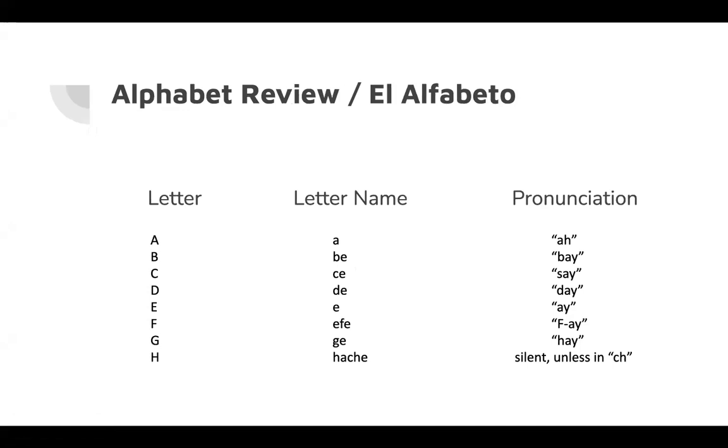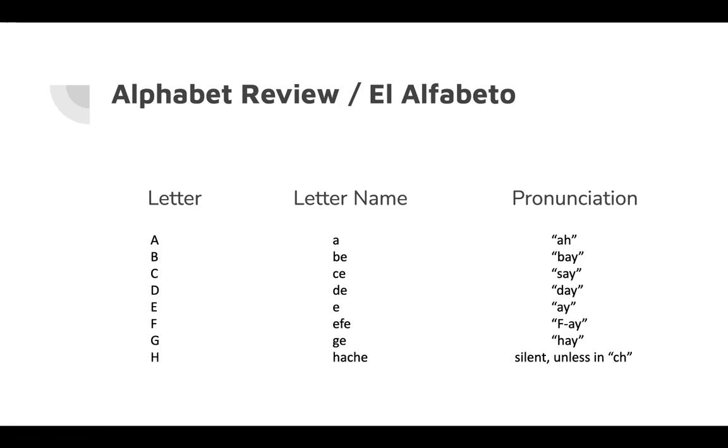I just went through the Spanish alphabet, and you don't really have to remember these by heart. If you know the alphabet, it's a lot easier to spell words and pronounce words. In the Spanish alphabet, there are some letters that we don't have in English, and there are letter combinations.